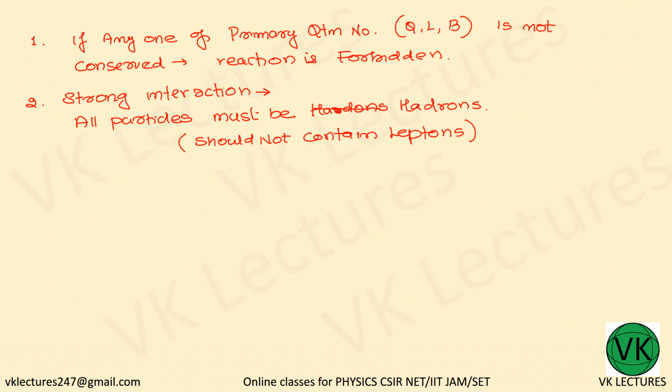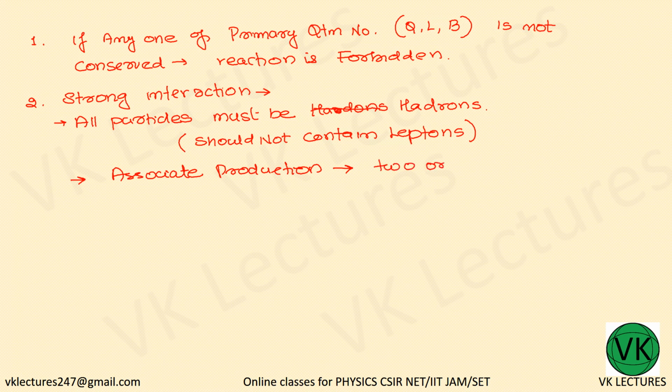Now the second point in this regard, based on the strong interaction, is associated production. That means the particles formed in this reaction should be two or more strange particles.